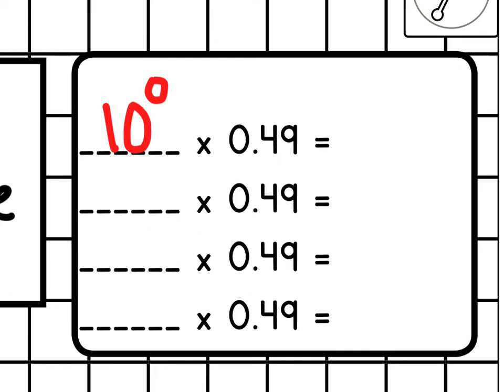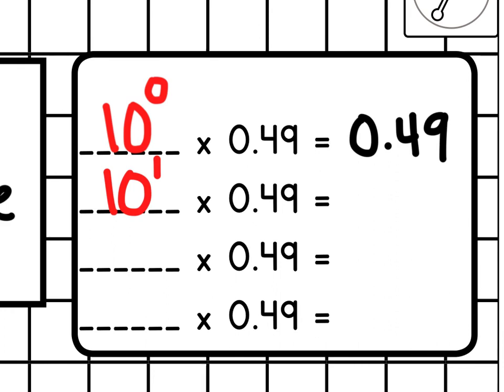The exponent tells us how many times to move the decimal to the right because it's getting bigger. So our first answer stays the same, 0.49. Now, if we had 10 to the power of 1, that means we are multiplying by 10, or moving the decimal 1 time. I will take the decimal, and I will move it 1 time to the right.